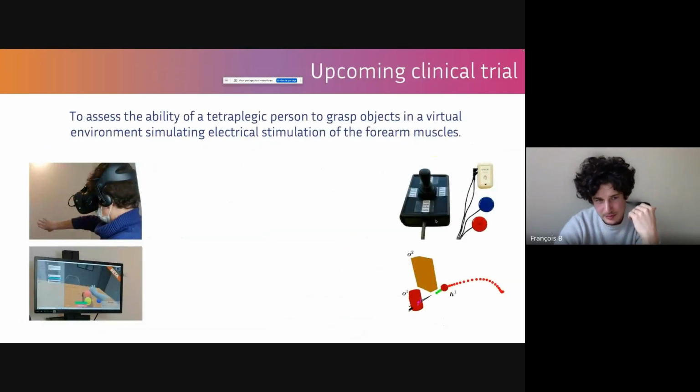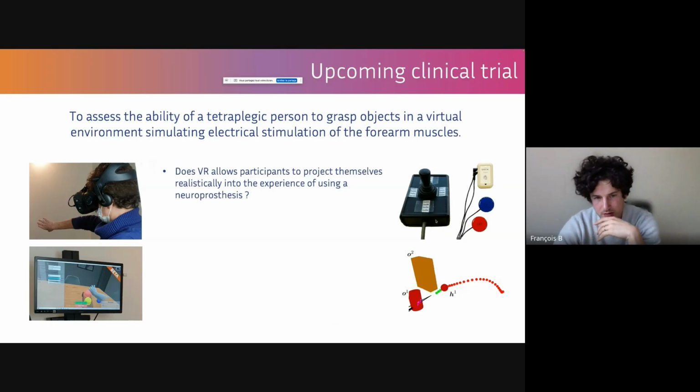And now the next step, before being able to use this type of algorithm with implanted patients, is to test this algorithm in virtual reality with quadriplegic patients to see whether they can interact well with the algorithms, and also to tune this algorithm so that they have good success.